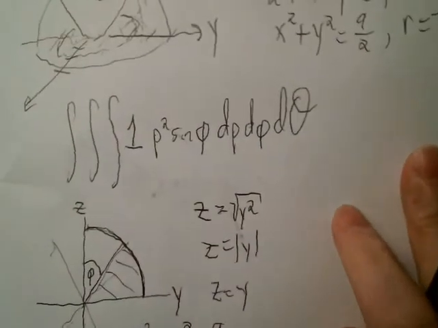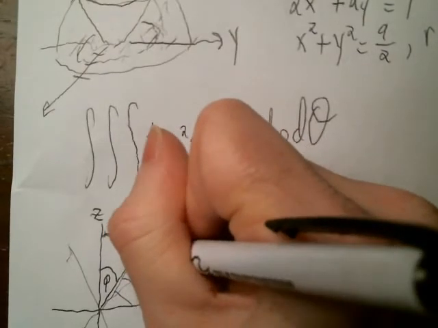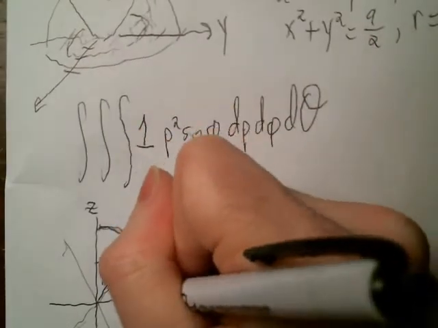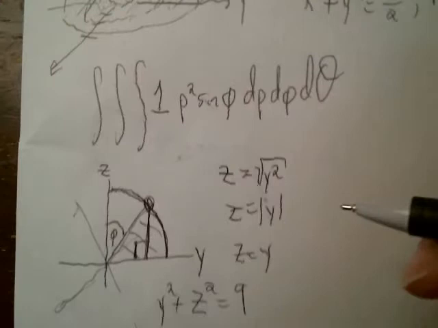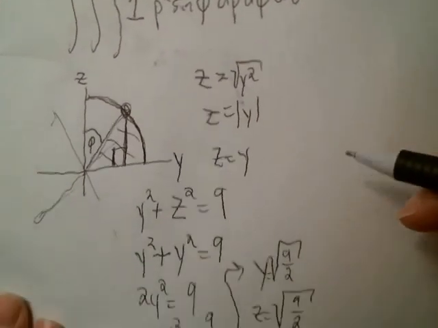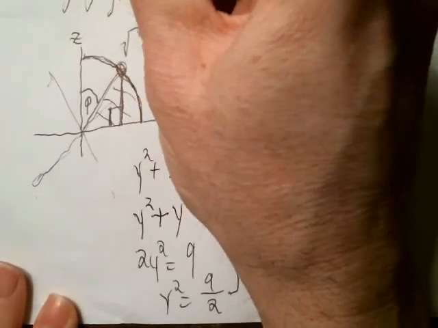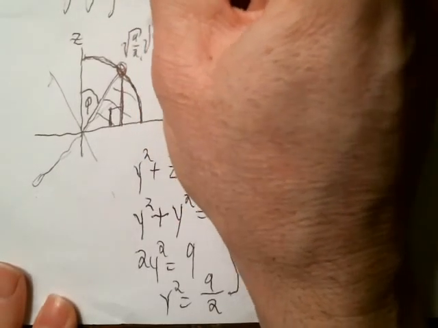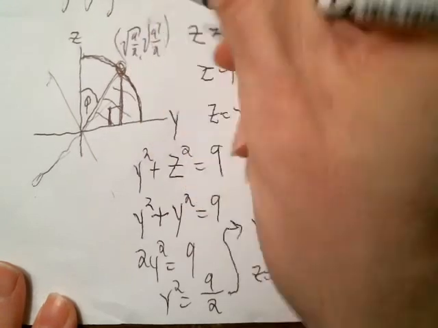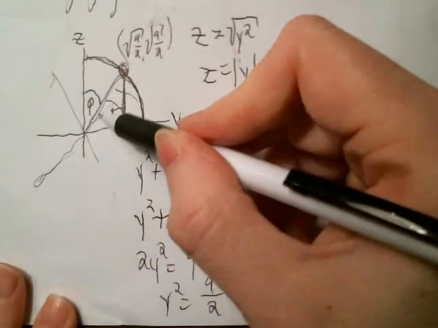Okay. So this point right here, if you think about that as a right triangle, that point with square root 9 halves comma square root 9 halves tells you the sides of this right triangle.